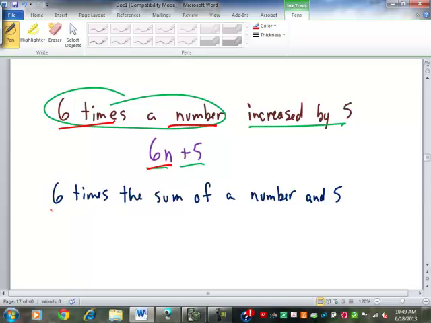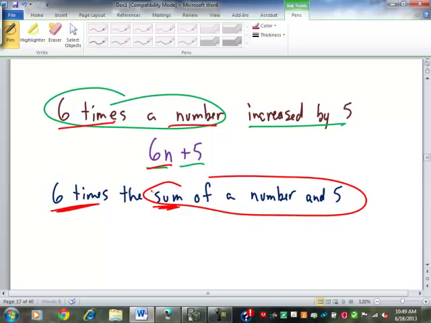Here, it's not 6 times the number, it's 6 times the sum. The sum is the result of an addition problem. What that's telling us is that we had to add first. So the sum of a number and 5 is x plus 5 or n plus 5. And then we are multiplying it by 6. So we have to have the parentheses in there telling us we found the sum first. Then we multiplied by 6.